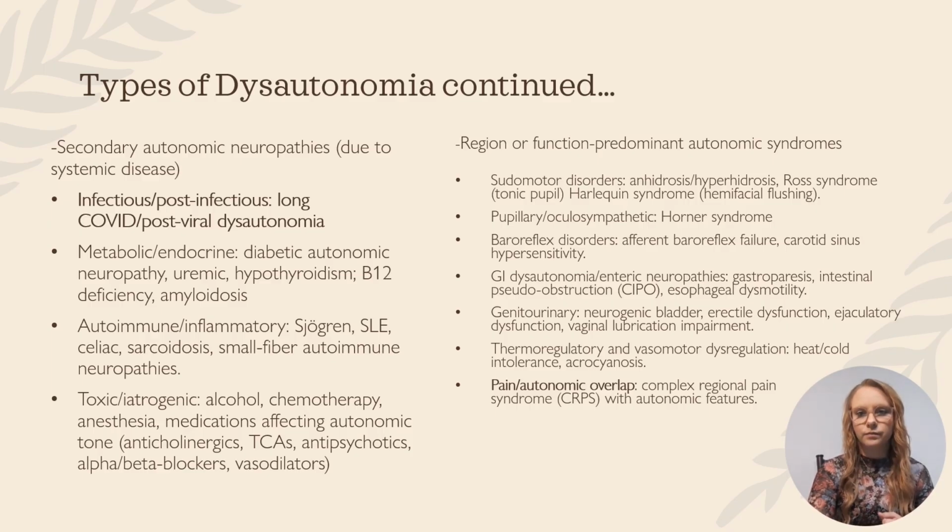And then I just posted these because, again, there are a bunch of different ways that you can have dysautonomias. Again, GI disorders and gastroparesis or dysmotility being one of the issues. And then I highlighted pain and autonomic overlap because I see a lot of chronic pain patients personally.